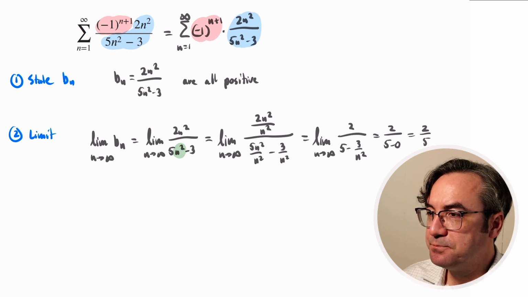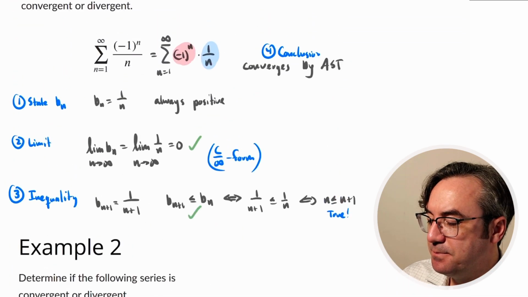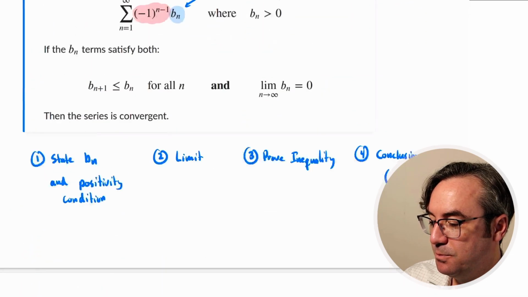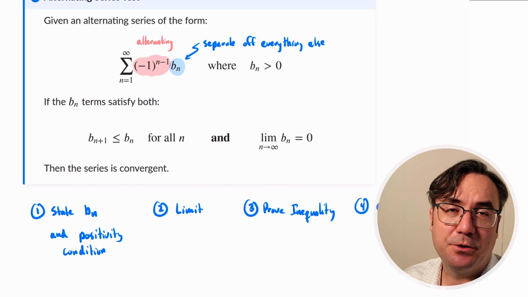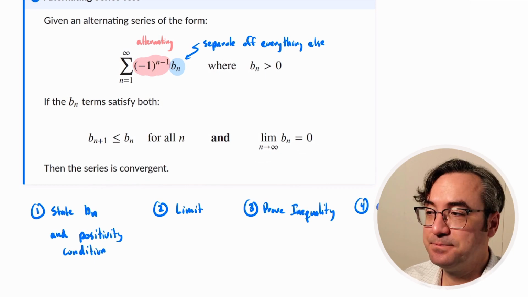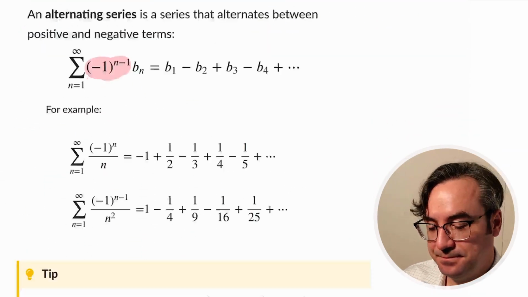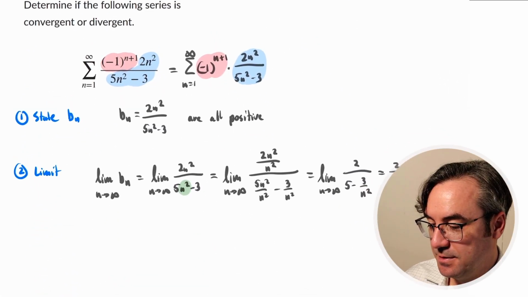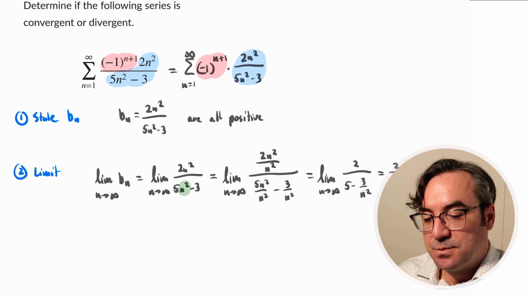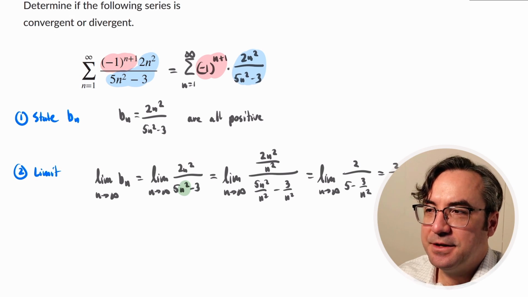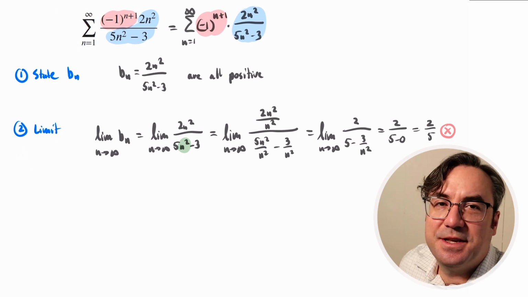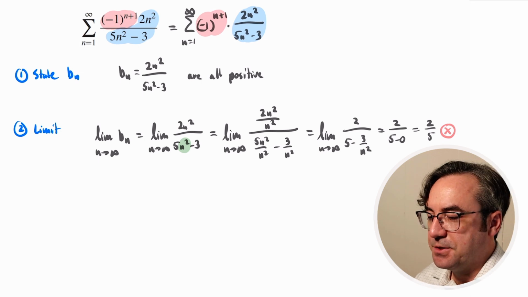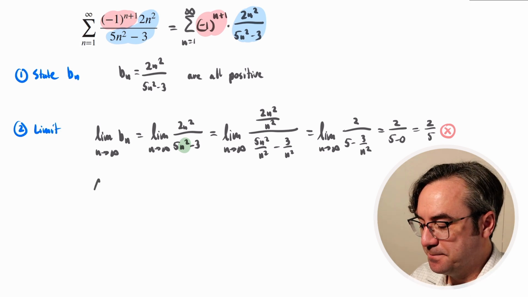We have an issue, though, because if we go back to our statement, we need the limit to be 0, and it's not. So that's no good. Alternating series test doesn't work here. So that's why it's usually a good idea to do the limit first, because if things are going to break down, usually that's where it's going to break down. All right, so alternating series test does not work.